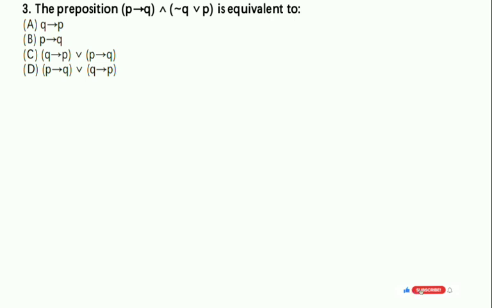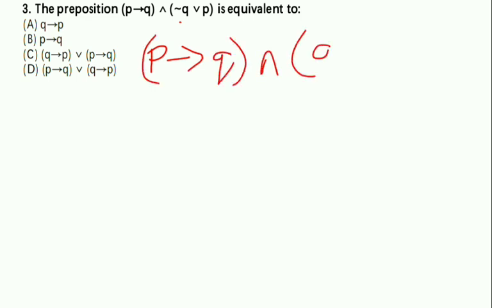The proposition P implies Q and negation Q or P is equivalent to. We know that P implies Q means negation P or Q. And we can write negation Q or P as Q implies P. That means P implies Q and Q implies P. But this option is not directly given in the options.